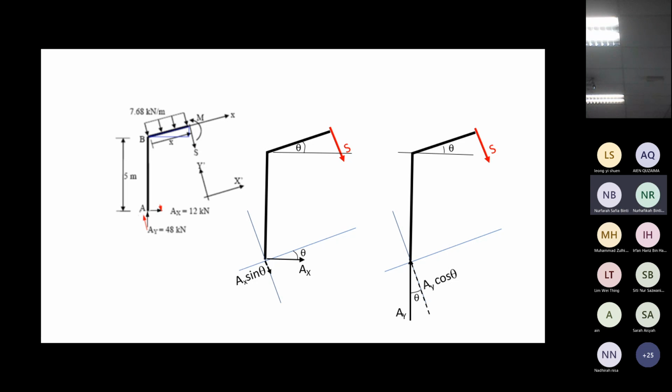So AX sine theta, you get this. And for this vertical one, to get this component, follow this. If this is theta, this should be theta. So this angle, you should know how to relate them, the inclination of this member to this part here. If this is AY, to get this, it will be AY cos theta, for you to get this to be considered in the equilibrium.